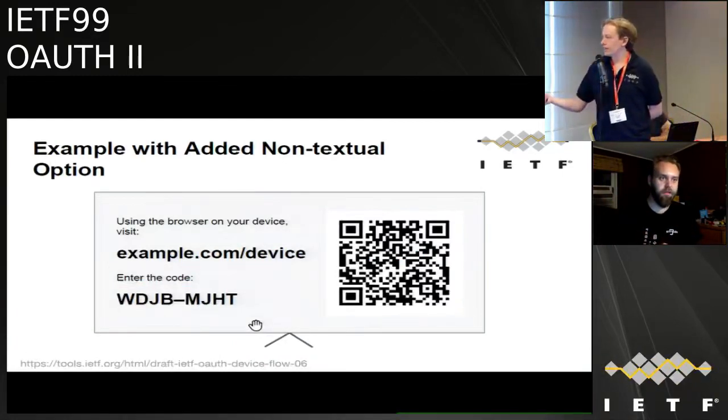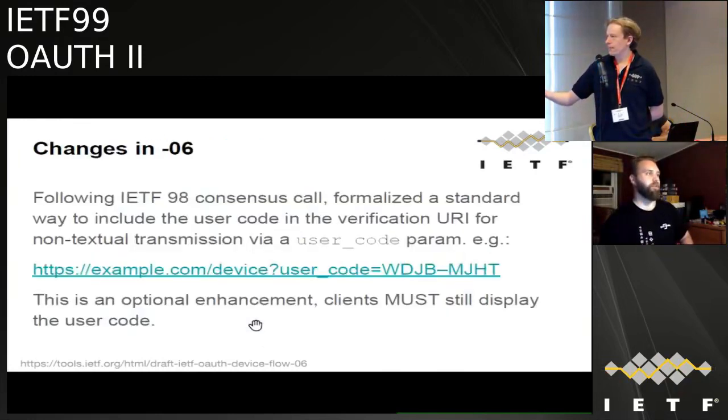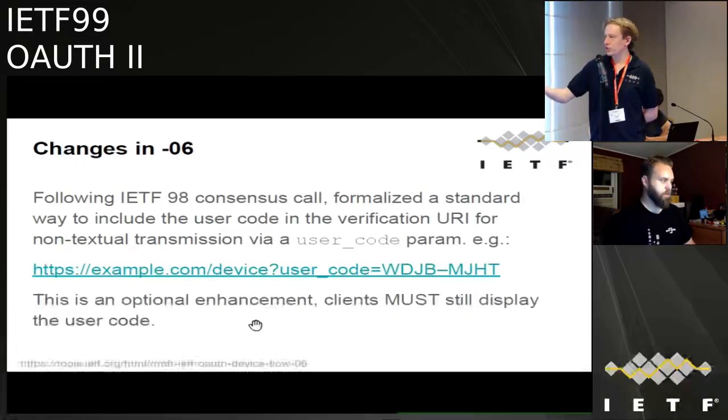Oh, I think you can actually. Unless I'm missing something, which is entirely possible. Perhaps you are, because the device authorization endpoint is returning https://example.com/device as the verification URI. And then it's returning a separate JSON parameter called user_code with that value.